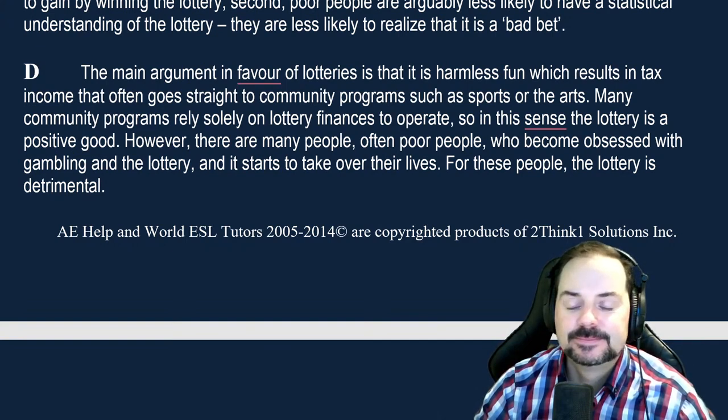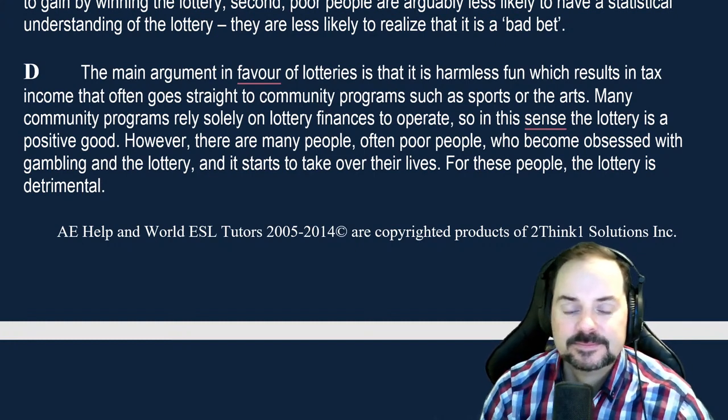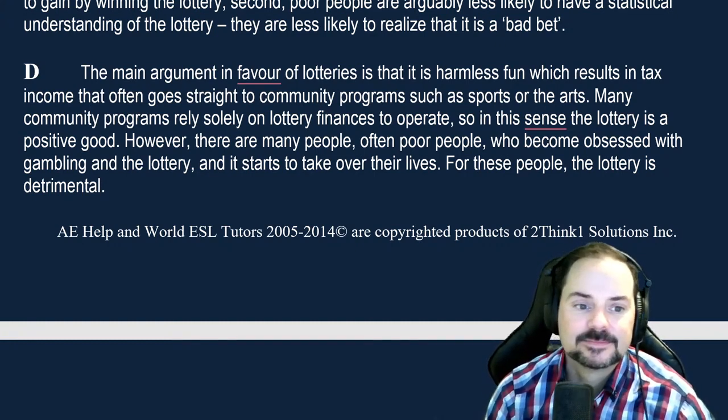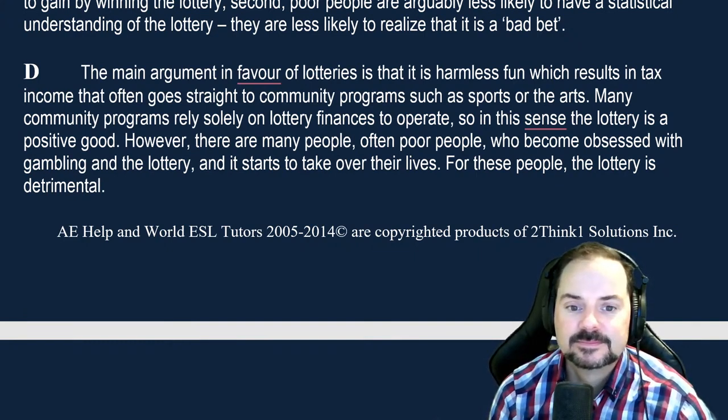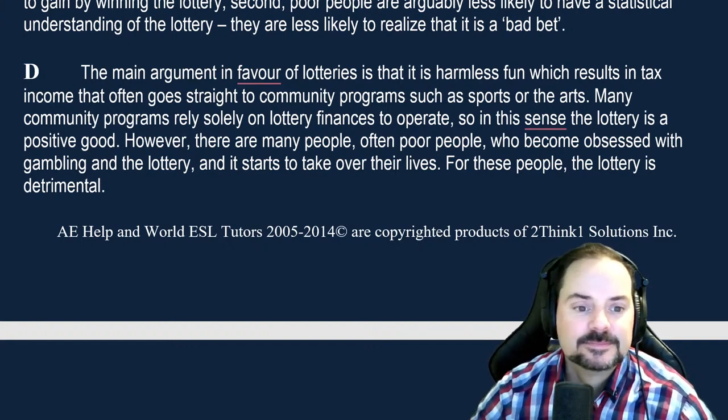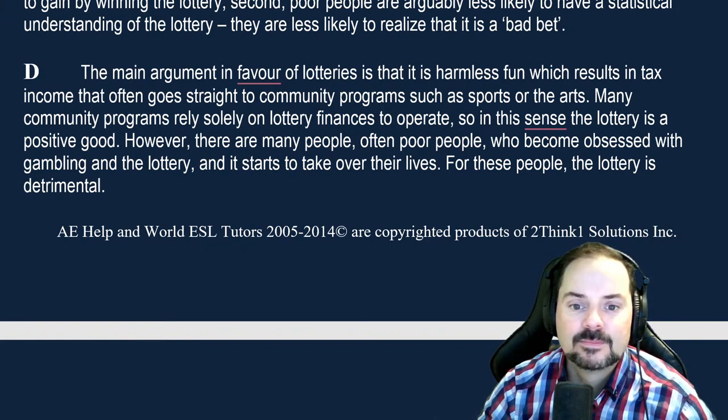The main argument in favor of lotteries is that it is a harmless fund which results in tax income that often goes to community programs such as sports or the arts. Many community programs rely solely on lottery finance to operate.